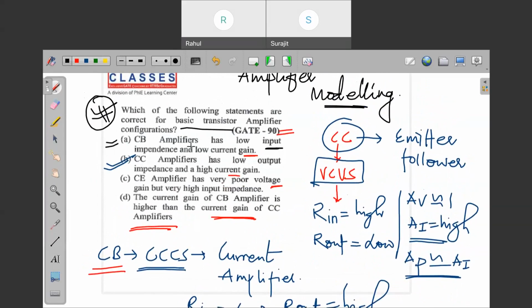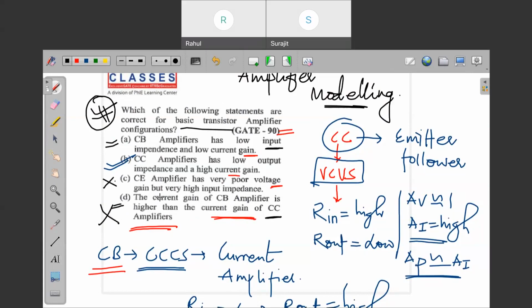In option D, the current gain of common base amplifier is higher than the current gain of common collector amplifier. This is wrong, because common collector has the higher current gain compared to common base amplifier. And common emitter amplifier has very poor voltage gain, so this is also wrong.